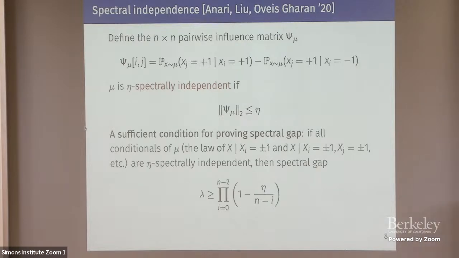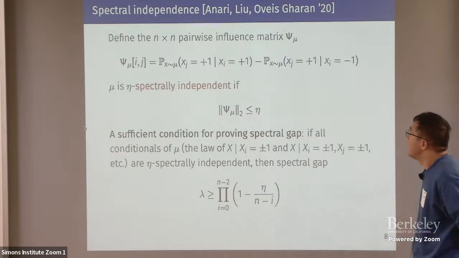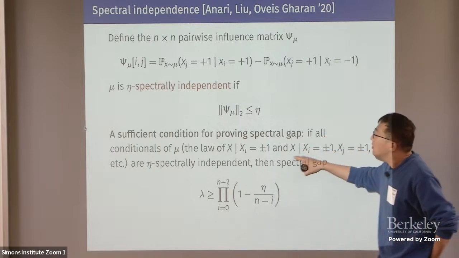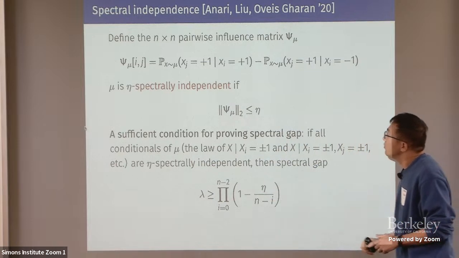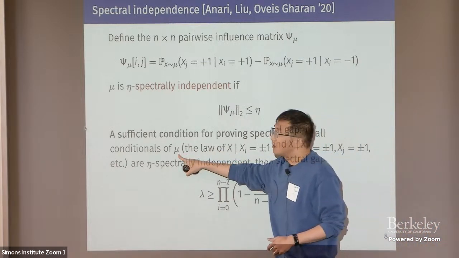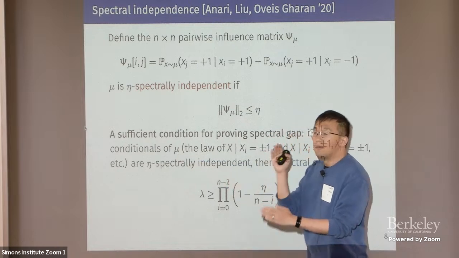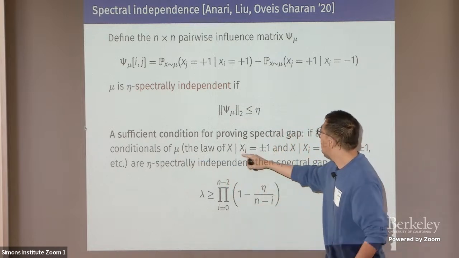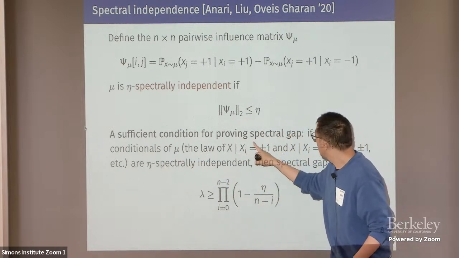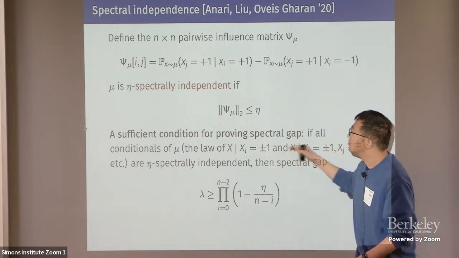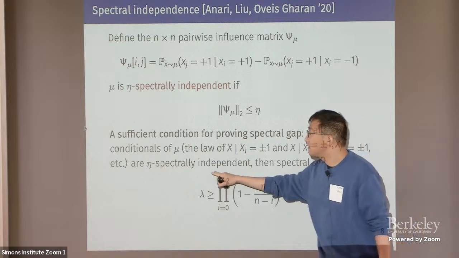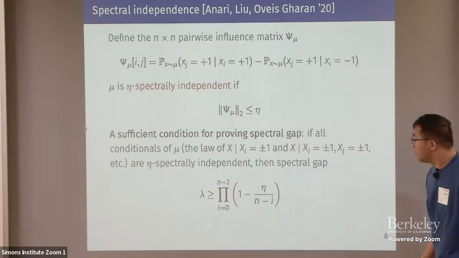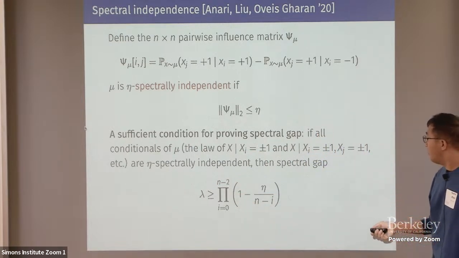And they give a sufficient condition for proving a spectral gap. If you assume that all the conditionals of this measure are spectrally independent, where conditioning means that you not only consider the original measure mu, but you pin some of the coordinates. You condition 1 coordinate, 2 coordinates, 3 coordinates. All those conditional measures are spectrally independent. Then you can prove a spectral gap of this form.